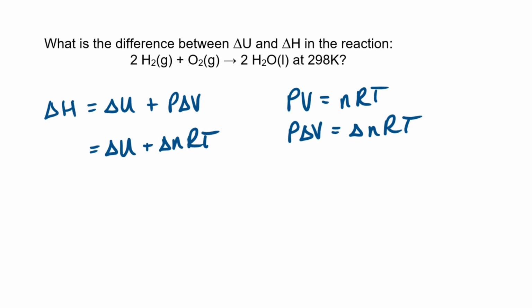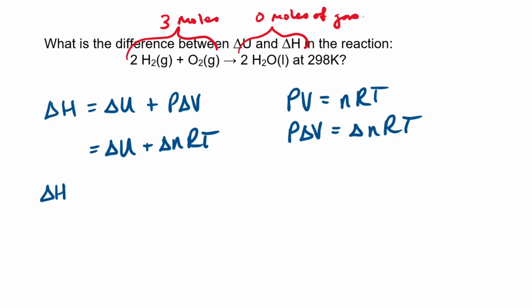And the real change in volume here is the change in the moles of gas. So what we're really interested in is looking at the change in the moles of gas from the reactants to the products. On the reactant side, we have 3 moles of gas. And on the products, we've now lost all of the gas and produced a liquid. So we have 0 moles of gas.